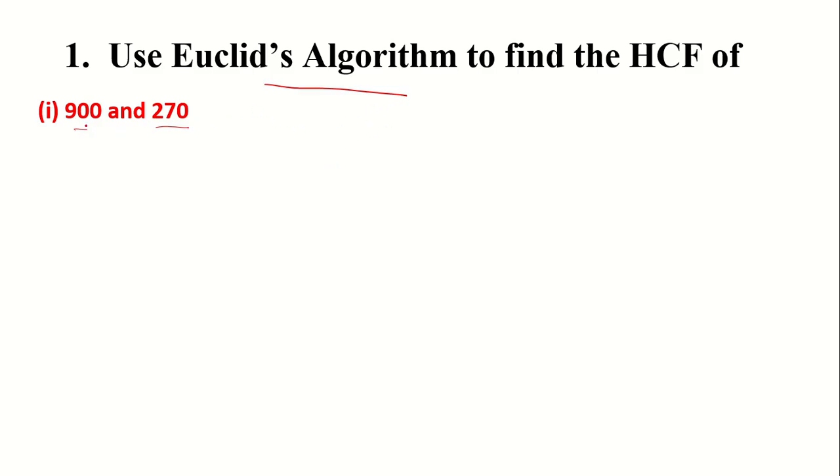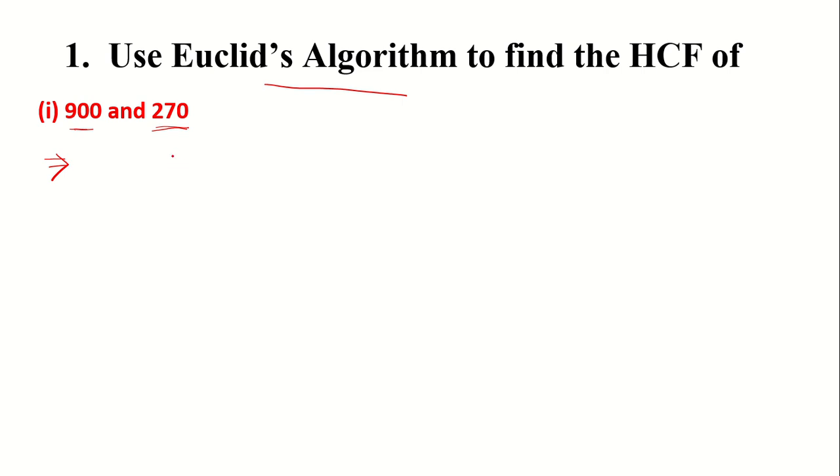Now in the first problem, what are the given numbers? 900 and 270. According to Euclid's algorithm, what is the equation?